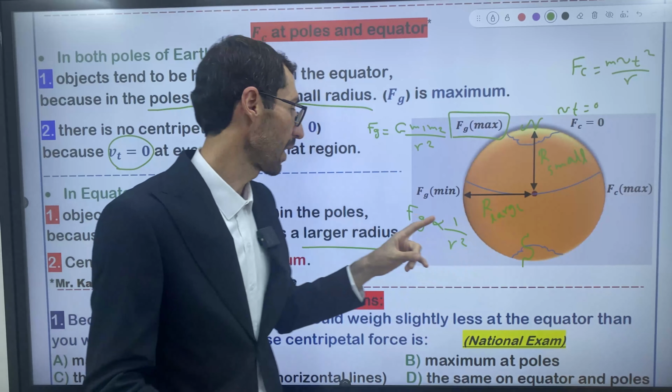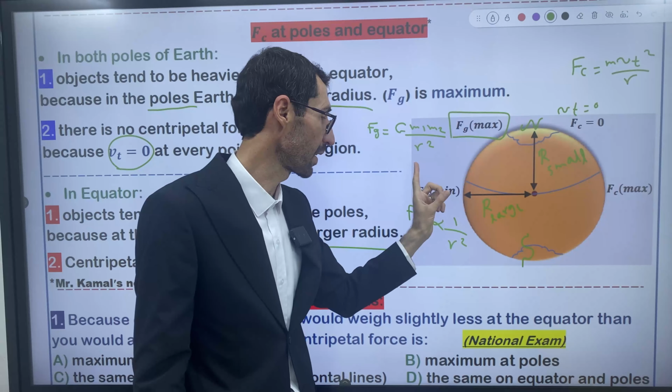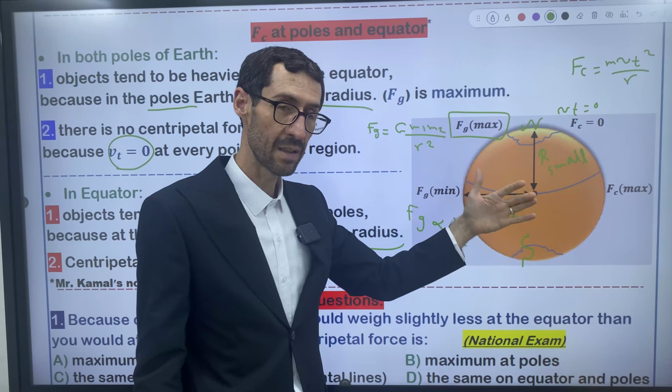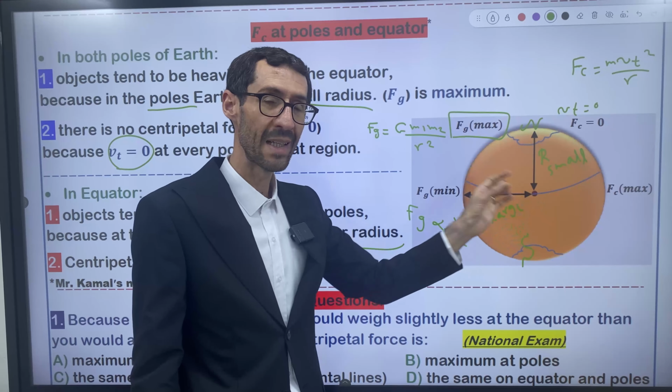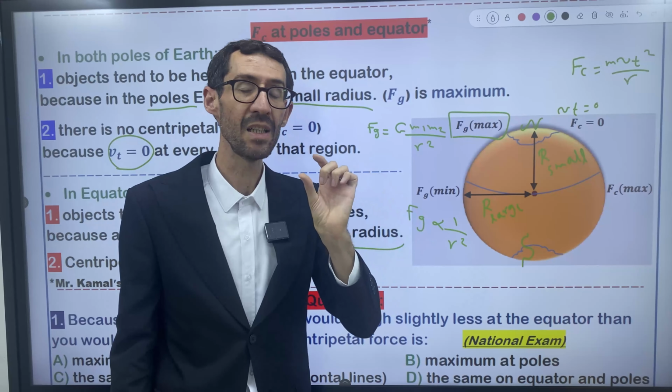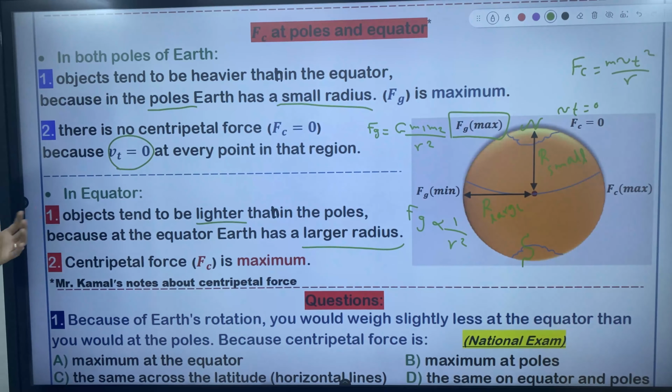The farther the point is from the center of Earth, the less the weight is, the less the gravitational force is. This is an explanation of this subject.